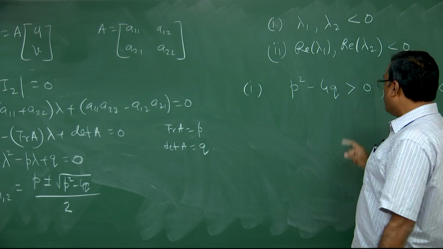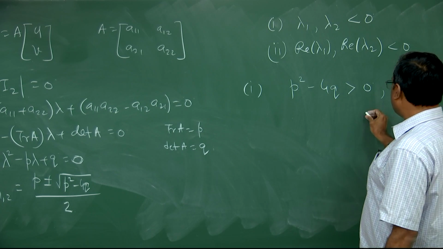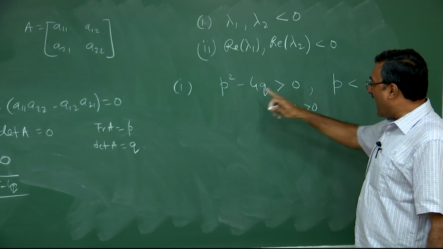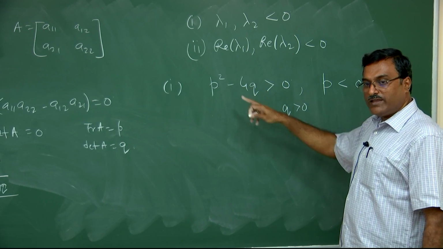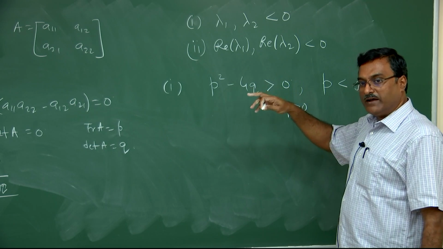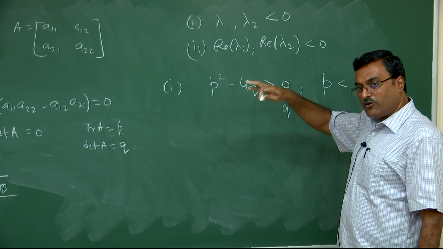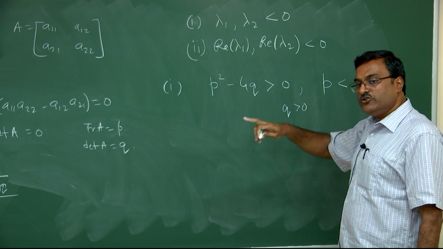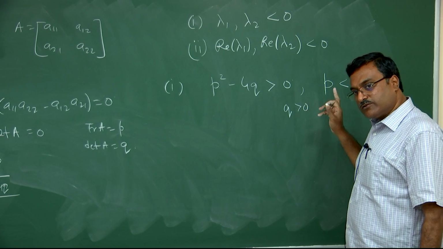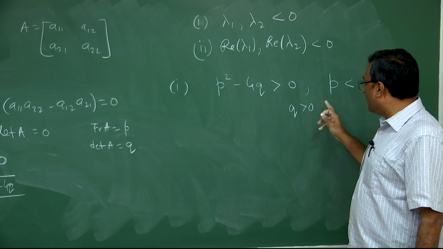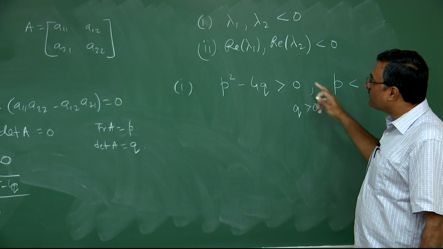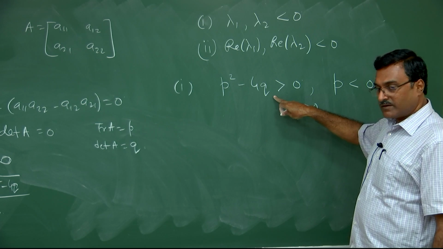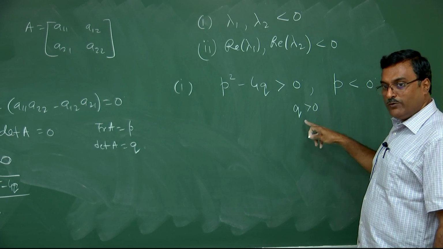Now if we assume that Q is greater than 0 with P less than 0 and this condition is satisfied, then we can ensure that the equilibrium, that is (x star, y star) for the nonlinear system, is locally asymptotically stable. Similarly the 0 solution for the linear system is also locally asymptotically stable. Now from this condition, how can we ensure both the roots are negative? This ensures the roots are real, P is negative, Q is greater than 0.